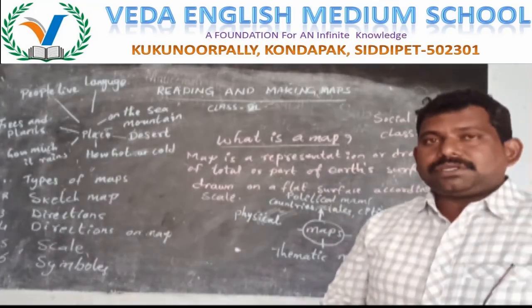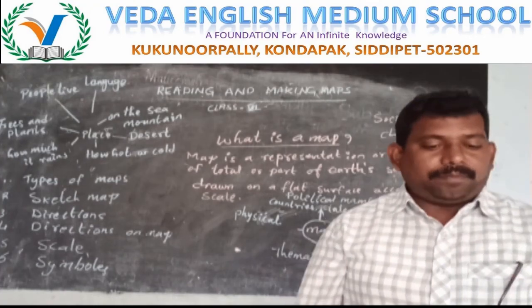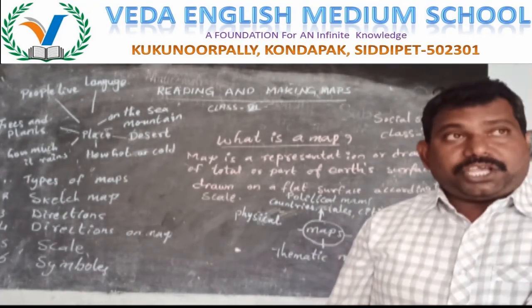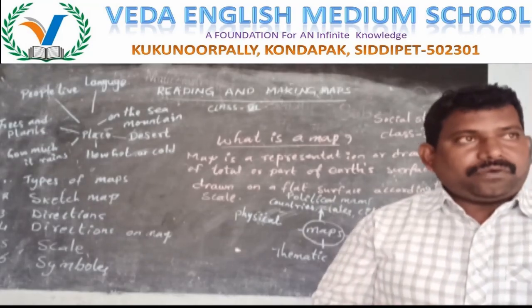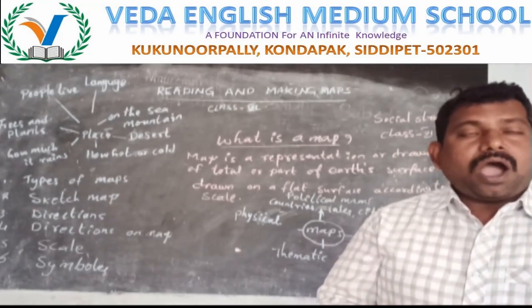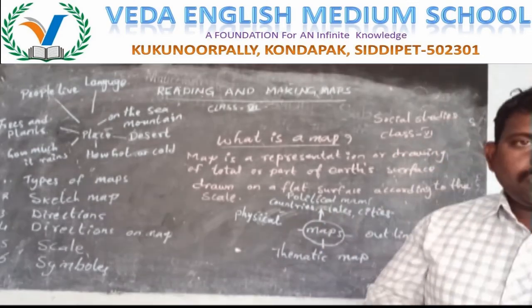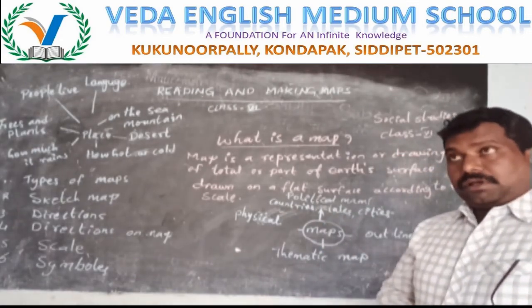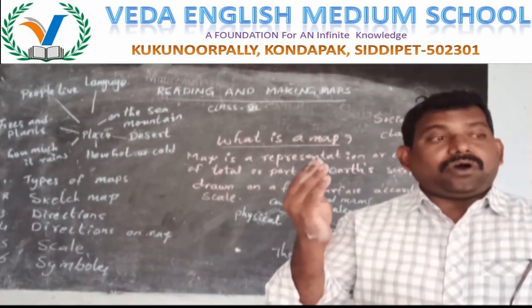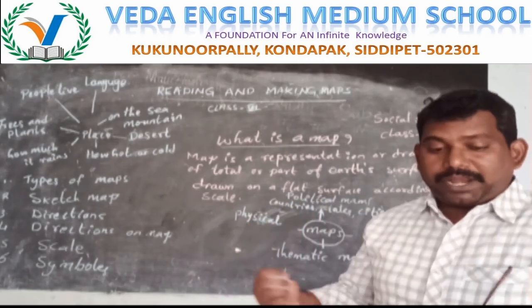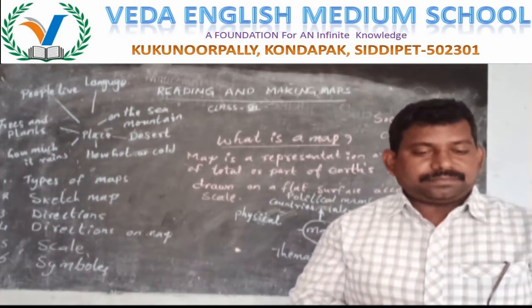Then here you have another map. What is that? That is the thematic map. What does this map show? From this thematic map we can know how high or low the places are, the temperature and pressure of the place, rainfall, and wind.